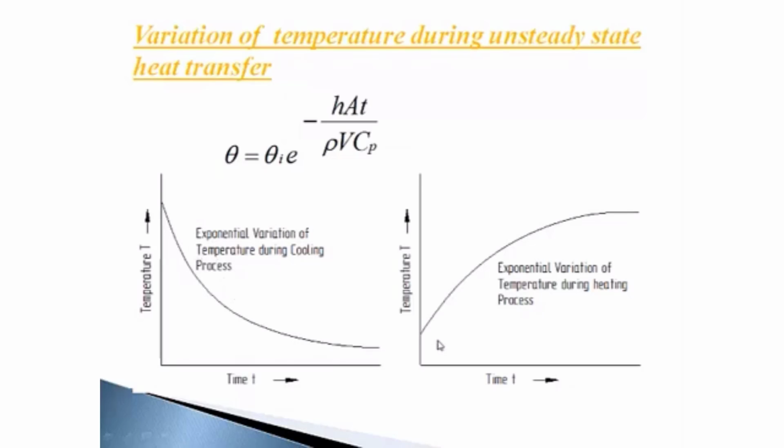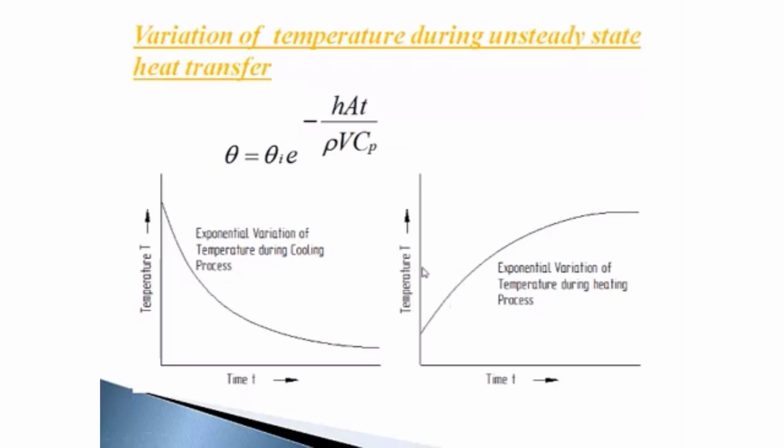This is again heating of a material when it is subjected to unsteady state heat transfer. So the body temperature is less and the ambient is at a higher temperature, and the material gains heat. The body receives heat from the ambient or surrounding and gets heated up, and this is also exponential variation, exponential increase in temperature. And initially you can see the slope is more.